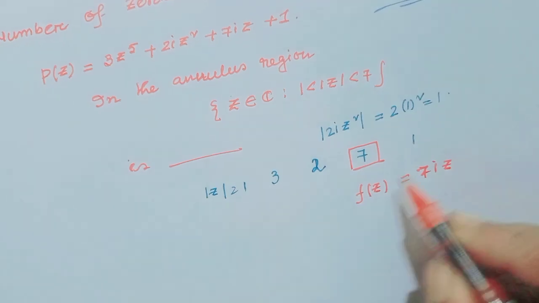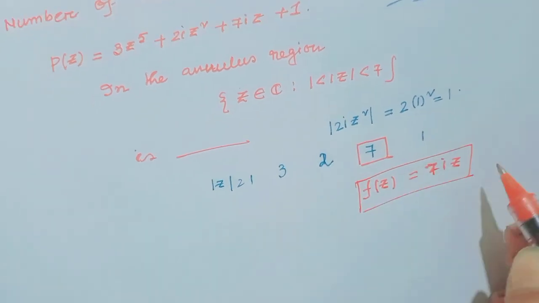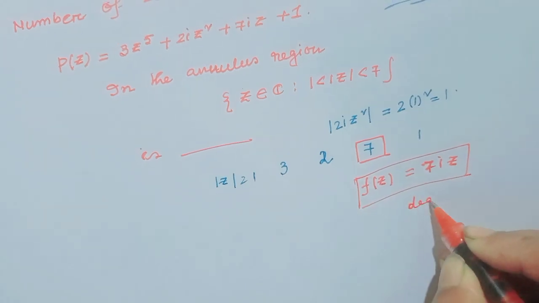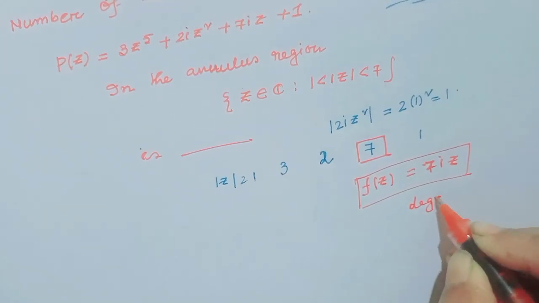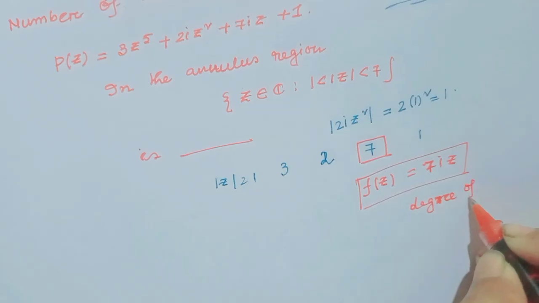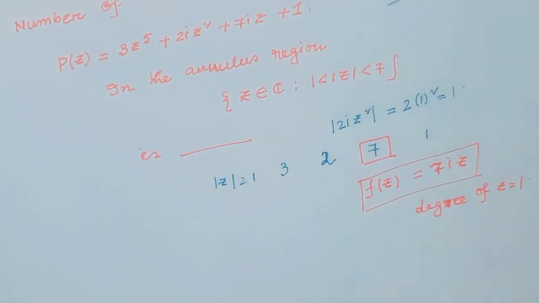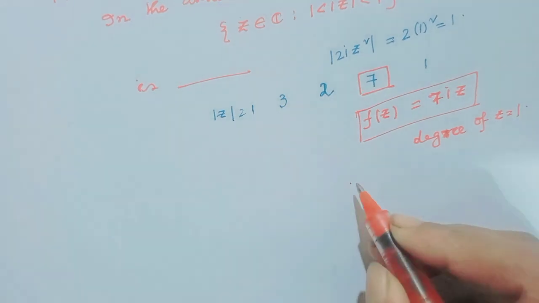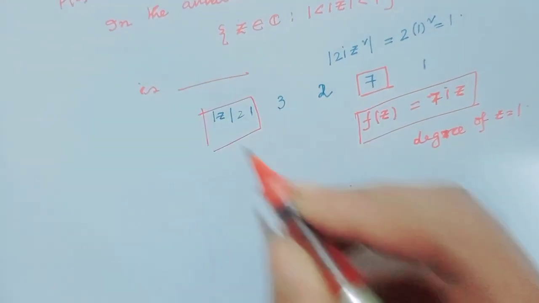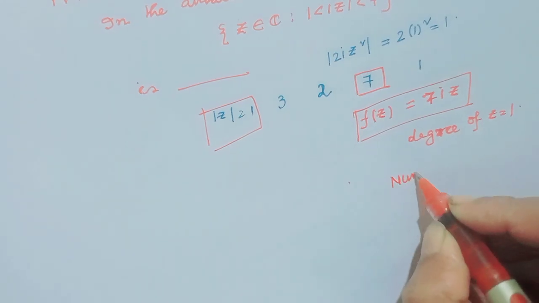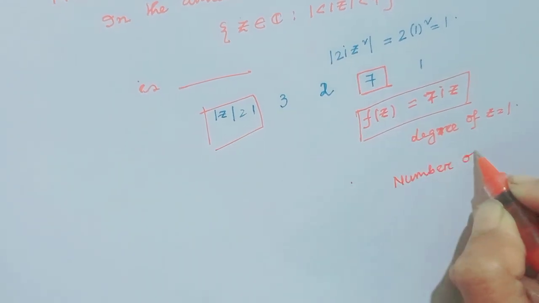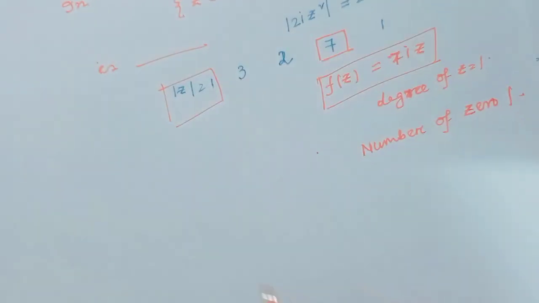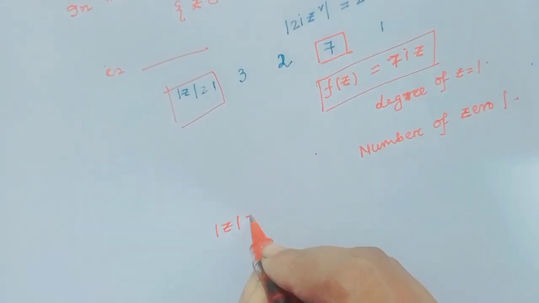Since f(z) has 1 zero, since the degree of z is 1, therefore on mod z equal to 1, the number of zeros is 1.